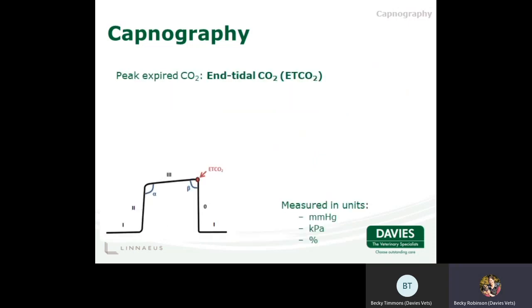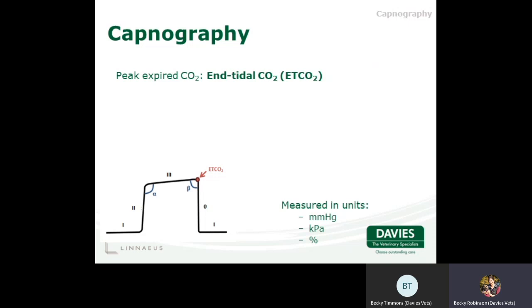The end-tidal carbon dioxide is usually displayed with the units of millimeters of mercury, and through the rest of the talk, that's what I'm going to be referring to. But be aware that it can be measured in other units as well, primarily kilopascals or percentage. So some monitors are set up to record in those units.